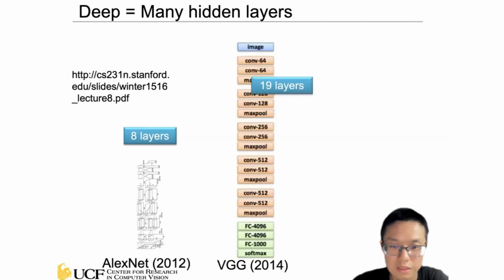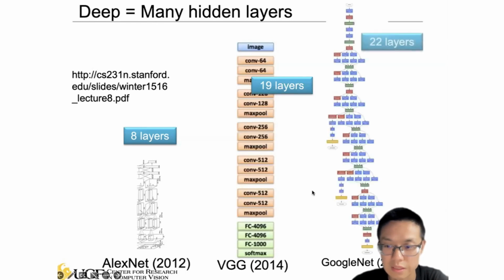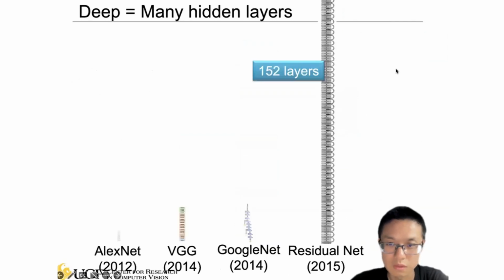It has 8 layers, and later, in 2014, we have VGG with 19 layers, and Google has their GoogleNet, which has more layers. And in 2015, the ResNet, which is probably the most popular network right now, has a lot of citations for this residual connection network, I believe maybe 60,000 citations already for their paper.